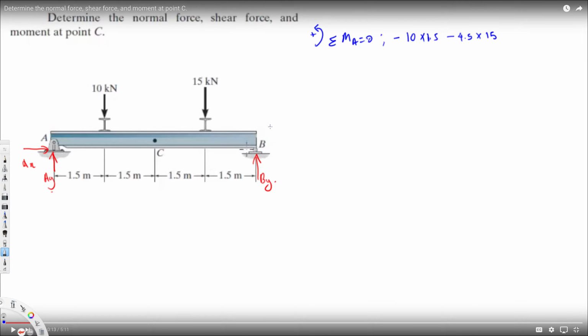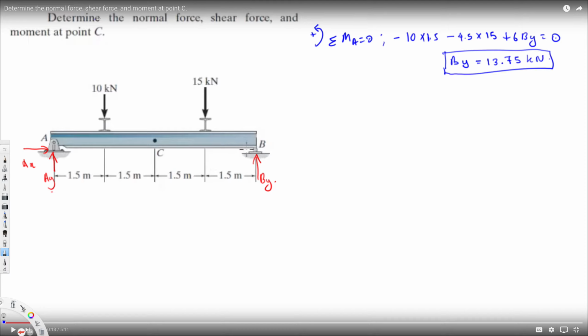Then BY is pulling this object counterclockwise, so it's going to be positive 6 BY equals 0. Then if I solve for BY, I will get 13.75 kilonewton. So this is the answer for B, but that's not the question.